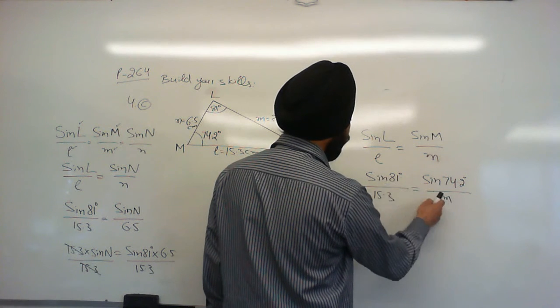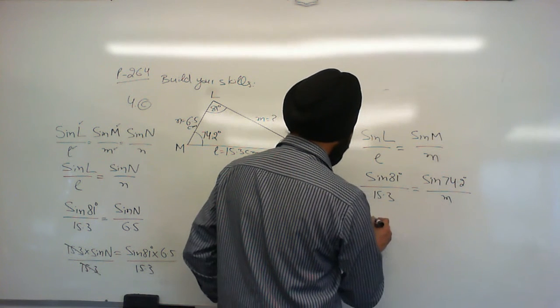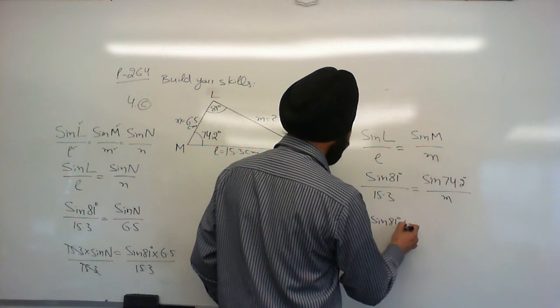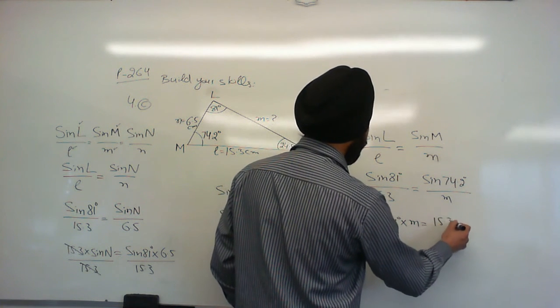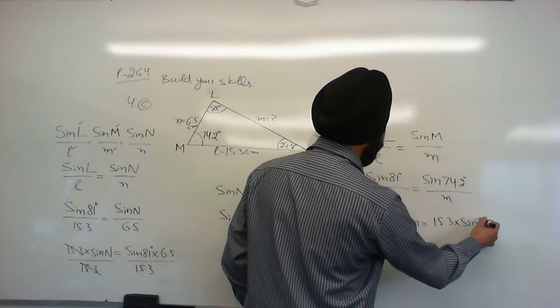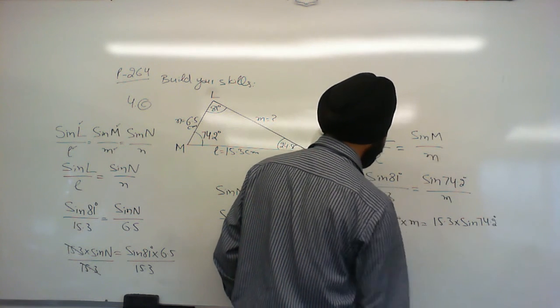So you should write it as this times that first. Sine 81 times M is equal to 15.3 times sine 74.2.